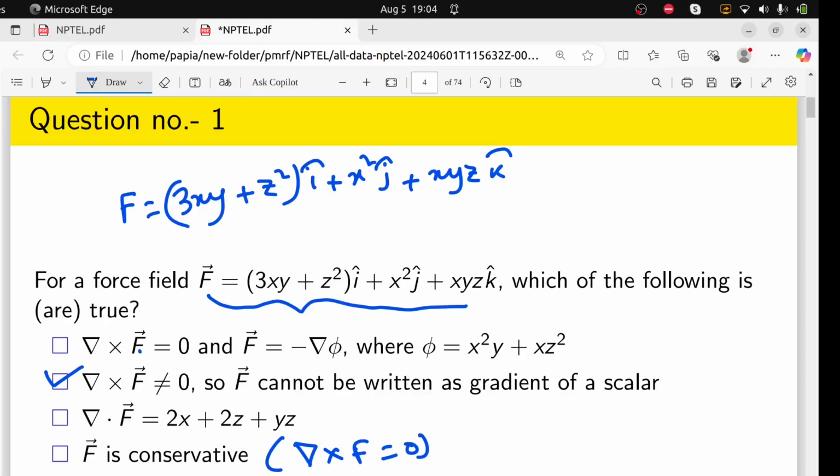Divergence of F equals what? And this is also not correct. So divergence of F they are asking.